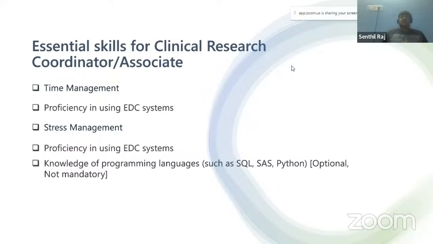Then proficiency in using EDC systems is what I'm currently working on, where I know more about iMedidata, which is an electronic data capturing tool we use for the customer, and then REDCap and an e-research platform. These are all electronic data capturing tools. So this will be more efficient.